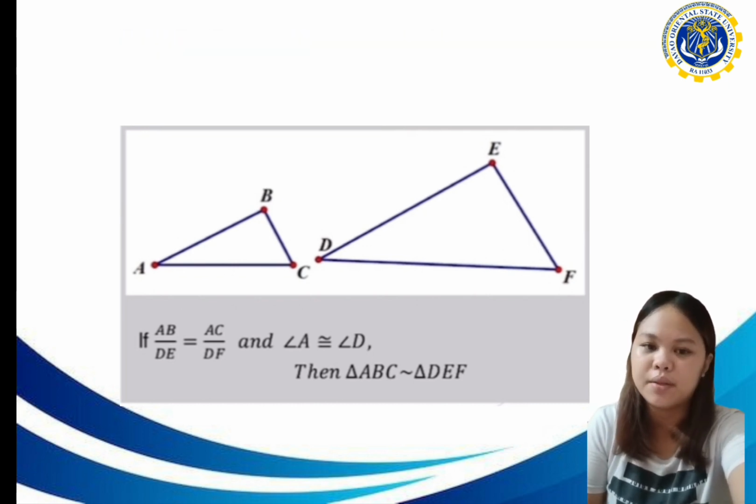For example, we have the two triangles in the SAS similarity theorem.